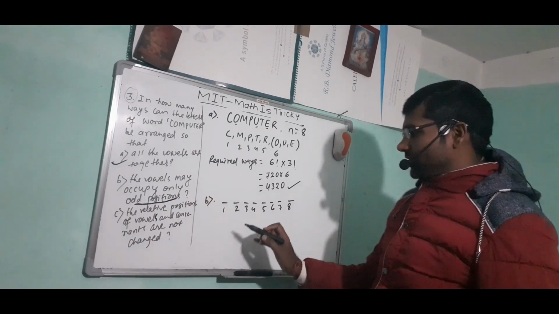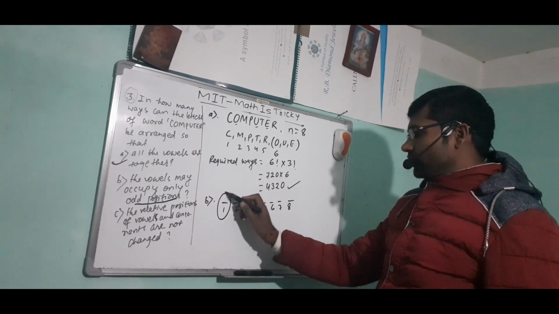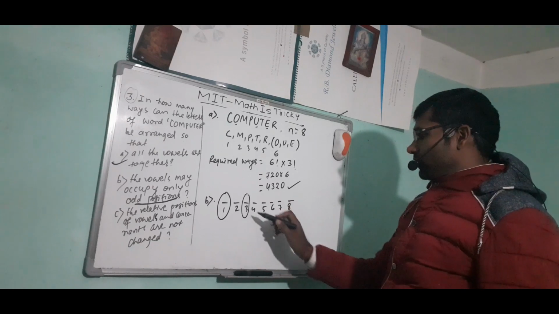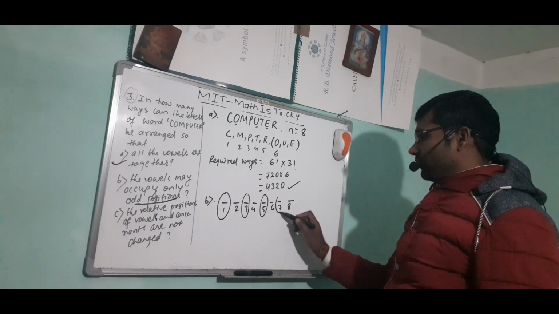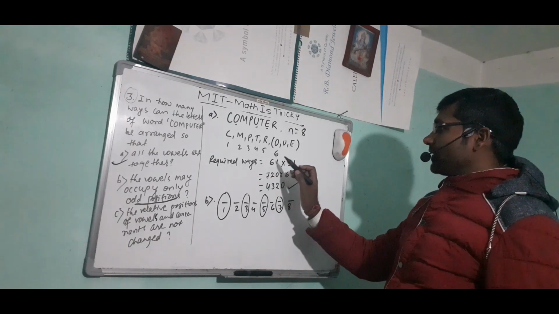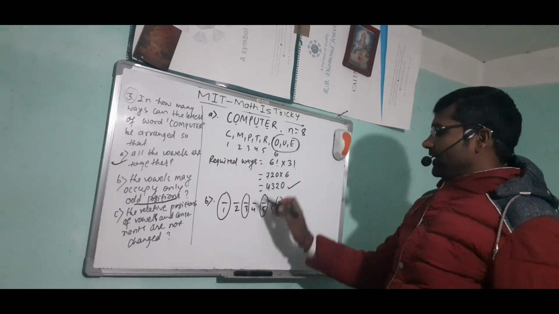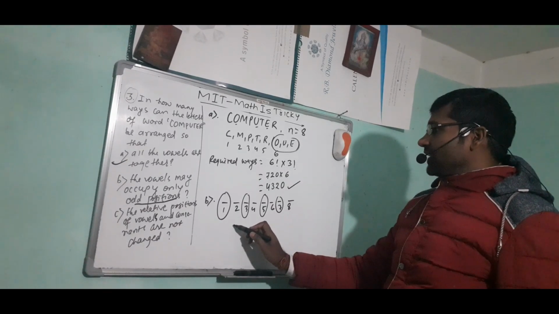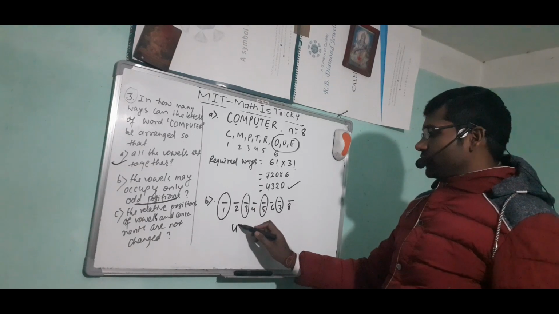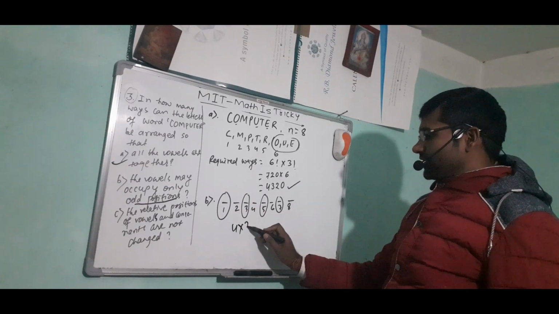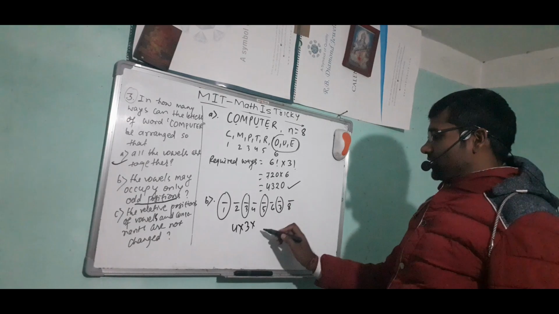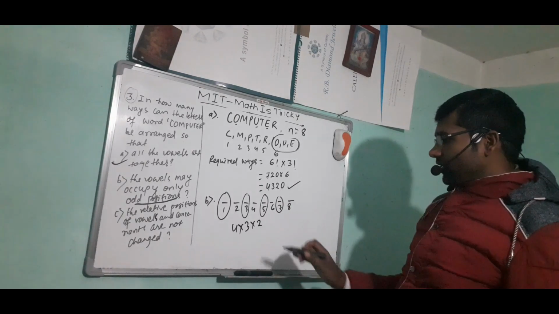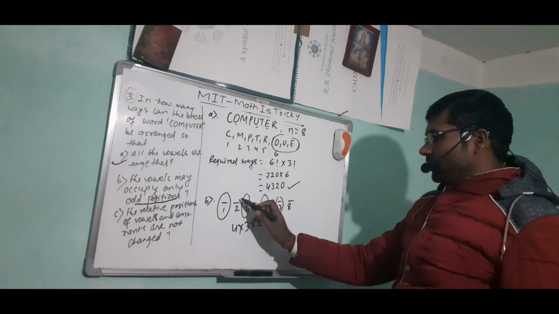Odd positions means we have 4 choices, and we have three vowels. For the first vowel there are 4 choices, for the second vowel 3 choices, and for the third one 2 choices.